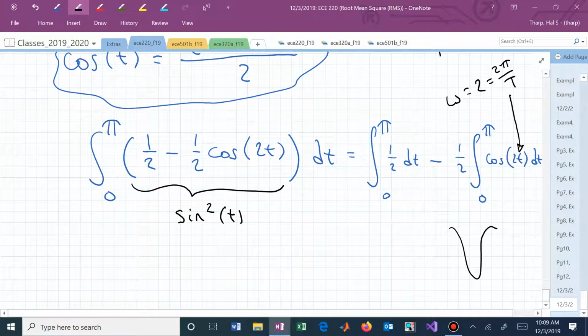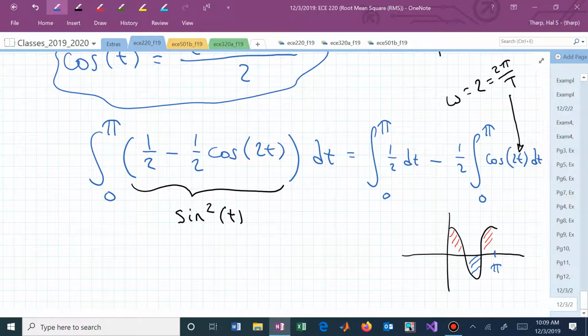So we now see that we have the same areas above and below, and this particular integral vanishes or goes to 0.